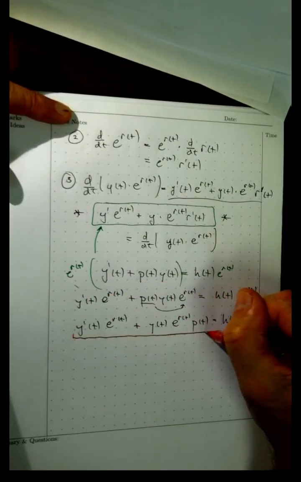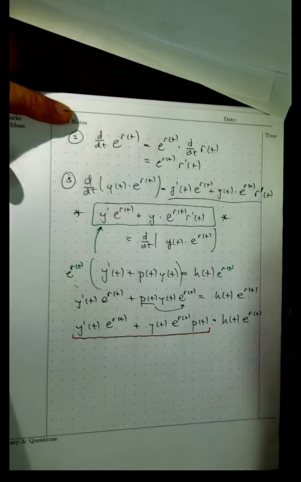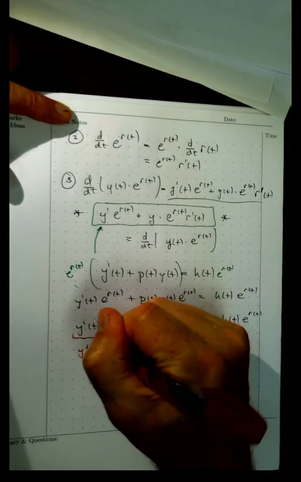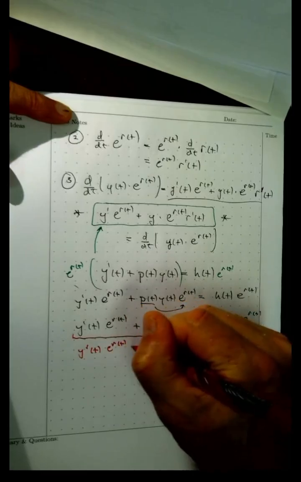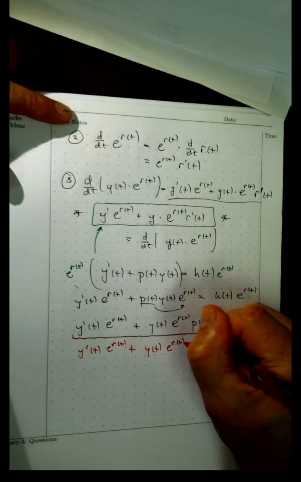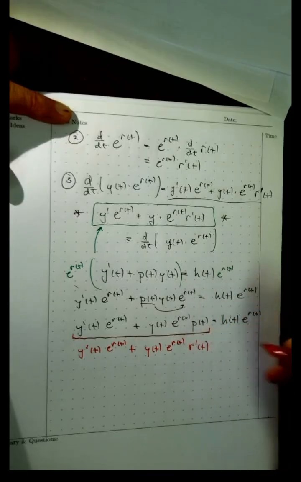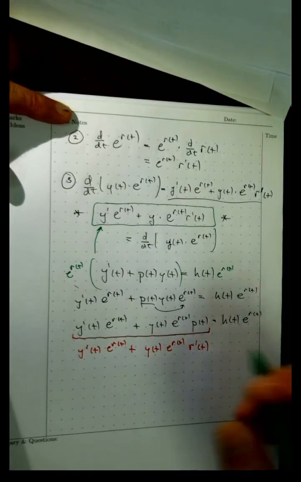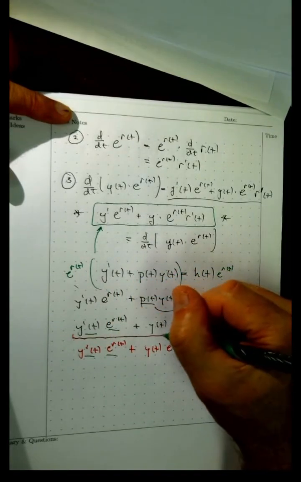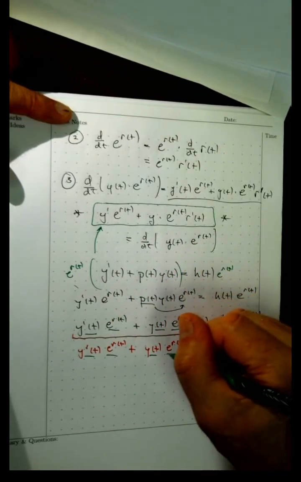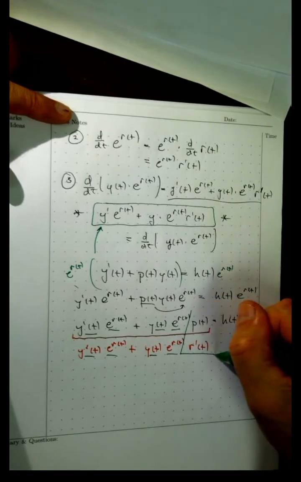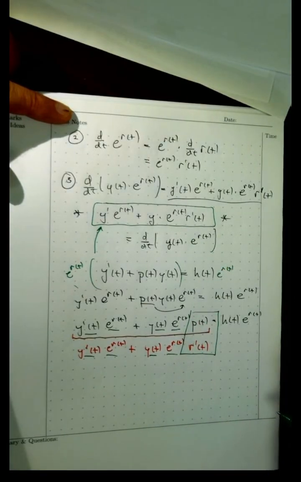And my goal is to make this look like this equation. And that equation, just writing it verbatim, looks like that. And notice, this looks like that, this looks like that, this looks like that, this looks like that. The only thing that's different is those two things.